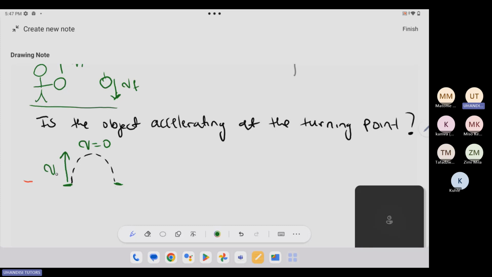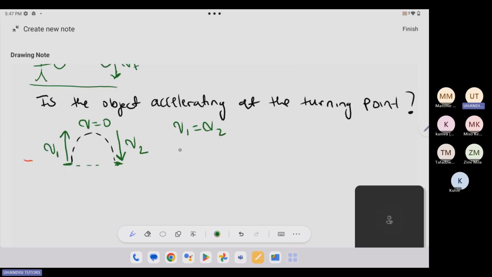Let's say this object had a velocity of v1, and then on its way downwards to this point, where the altitude on the broken line is equal, it's moving with a velocity of v2, and the magnitude of v1 is equal to the magnitude of v2. Okay, so now you're going to use the change in v formula to determine the direction of the acceleration. Change in v is equal to v2 minus v1.